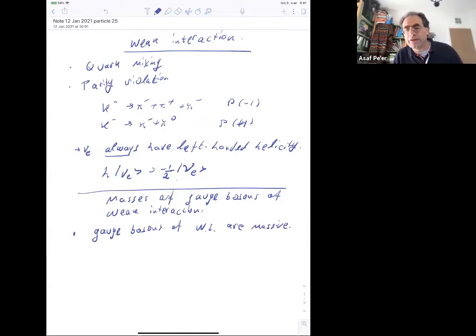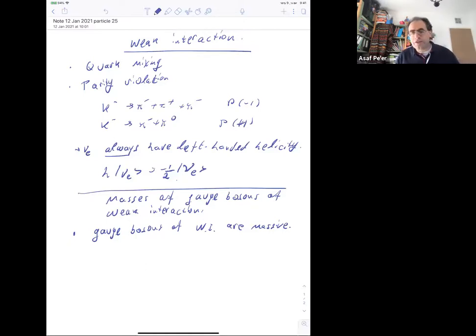Both the gauge boson of the electromagnetic interaction, the photon, and the gauge bosons of the strong interaction, the gluons, are massless. Interestingly, this fact was anticipated way earlier than the bosons were detected in the 70s.